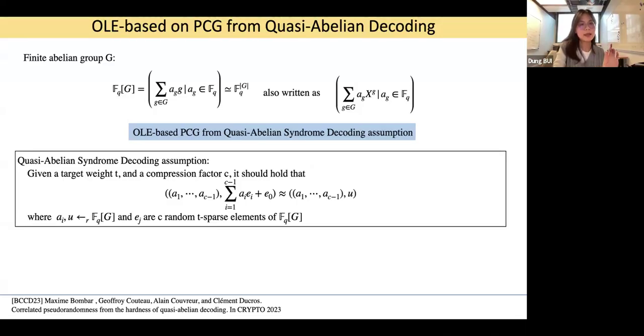For the concrete form of the quasi-abelian decoding assumption, it says that given the target weight t and a compression factor c, the following should hold. This is the decisional version.